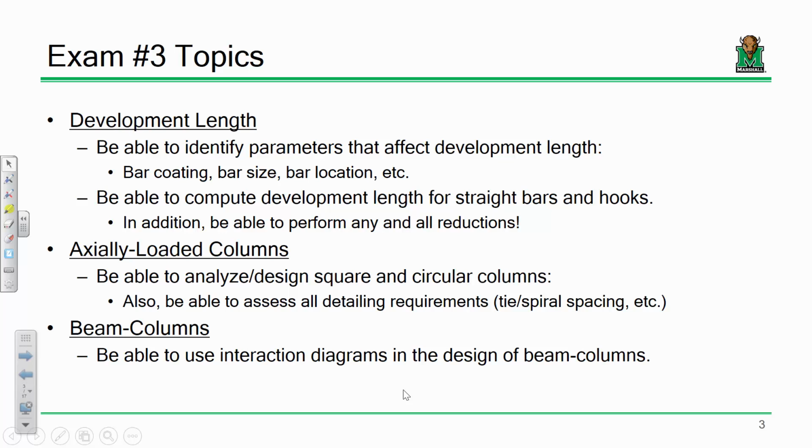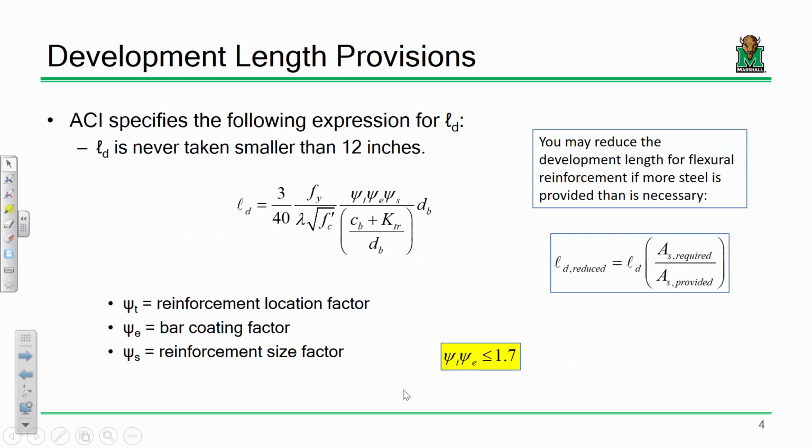For columns, make sure you can analyze and design square and circular columns, and that you can assess all the detailing requirements, the spiral spacing, tie spacing, all that stuff. Beam columns, make sure that you can use interaction charts to size beam columns. That's basically it.